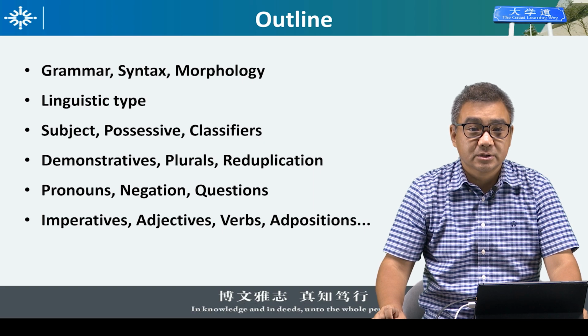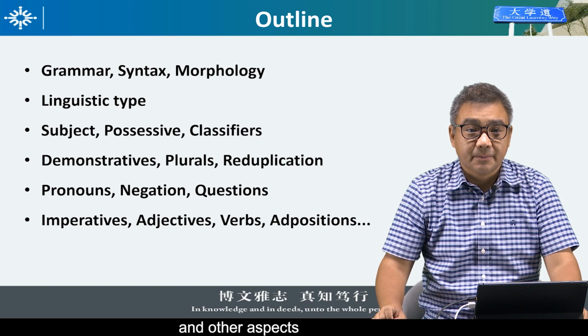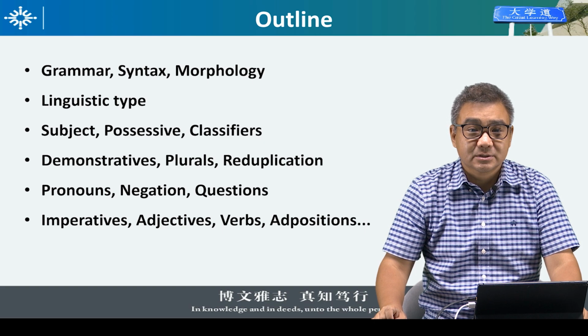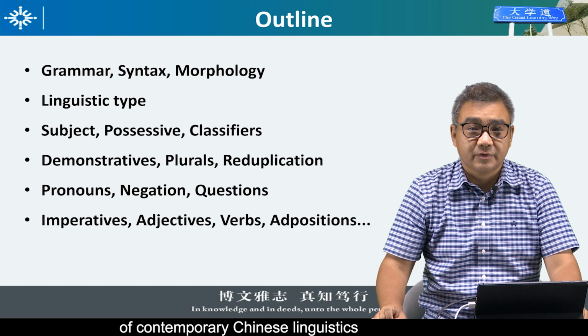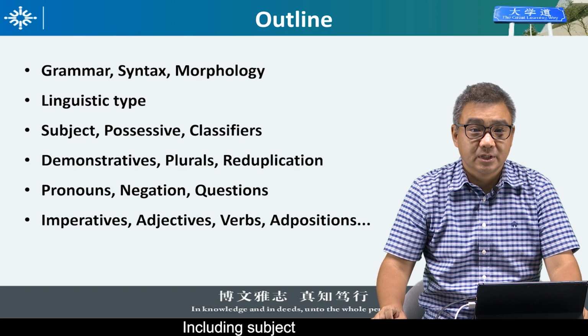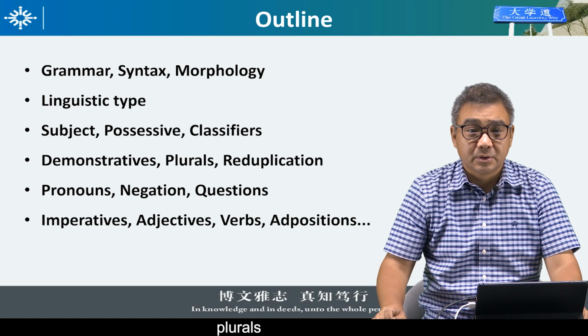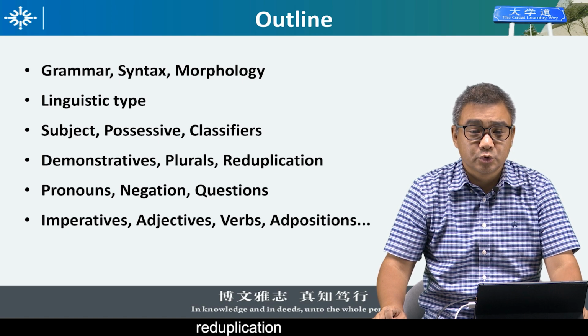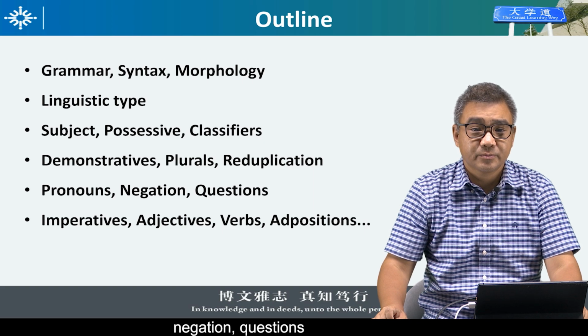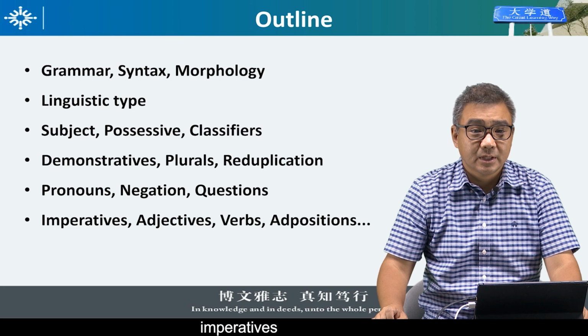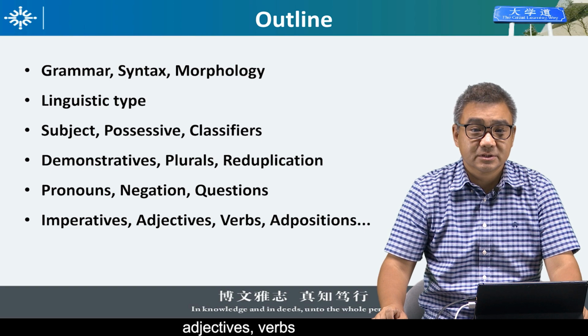And I will talk about linguistic type and other aspects of the syntax of contemporary Chinese linguistics, including subject, possessive, classifiers, demonstratives, plurals, duplication, pronouns, negation, questions, imperatives, adjectives, adverbs, adpositions, and so on.